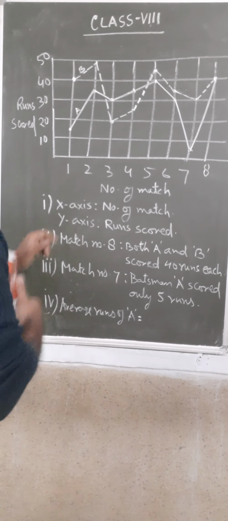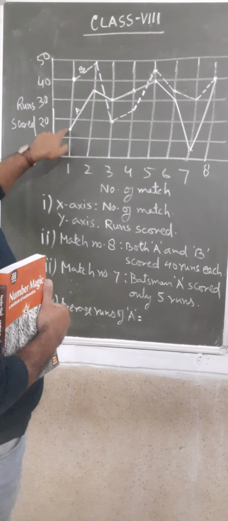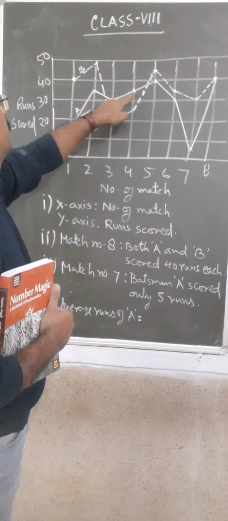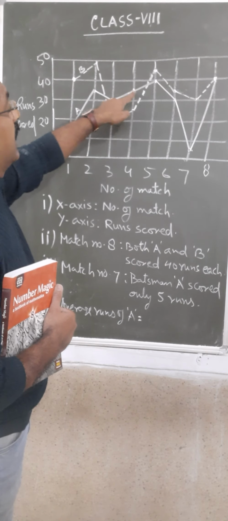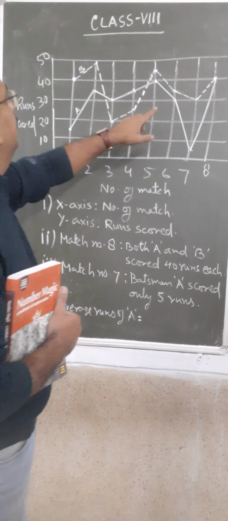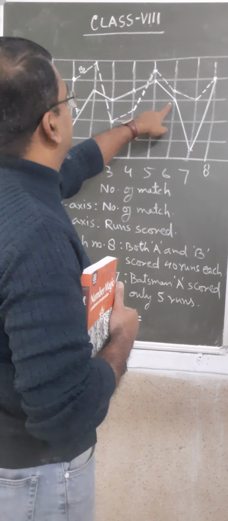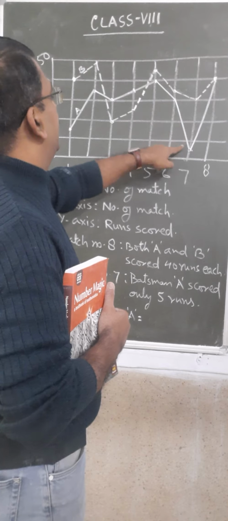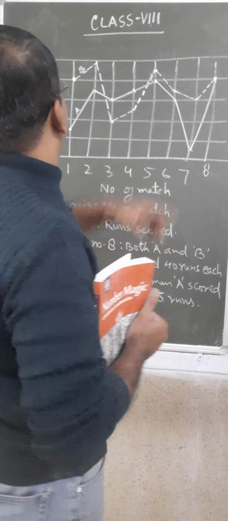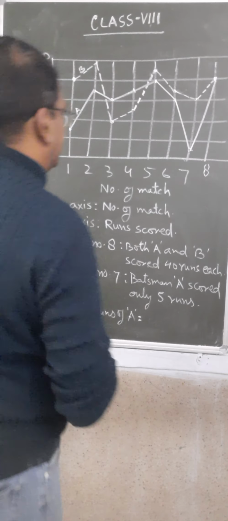First you add 15 plus 35 is 50, 50 plus 30 is 80, 80 plus 35 is 115, 115 plus 40 is 155, 155 plus 30 is 185, 185 plus 5 is 190, 190 plus 40 is 230.